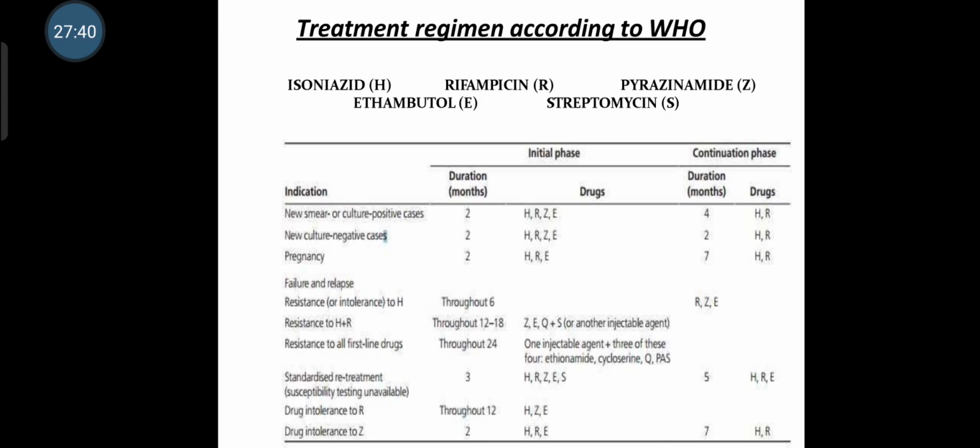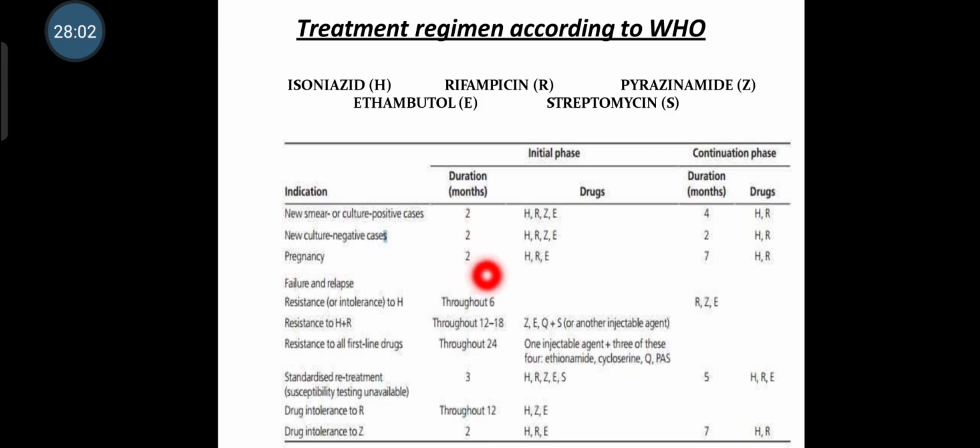Then for new culture negative cases, the duration of treatment is 2 months, HRZE drugs can be used, and continuation is for 2 more months. Then in pregnancy it is given for 2 months time.